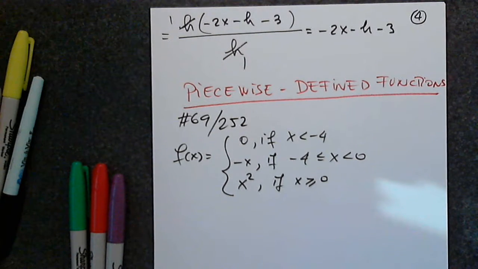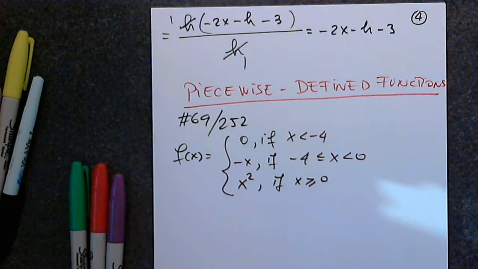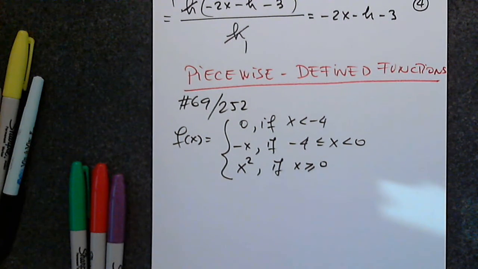Why do you think that this is called a piecewise defined function? Because it is defined in pieces. How many? Exactly. One piece, the second piece, and the third piece. That's why this is a piecewise defined function.